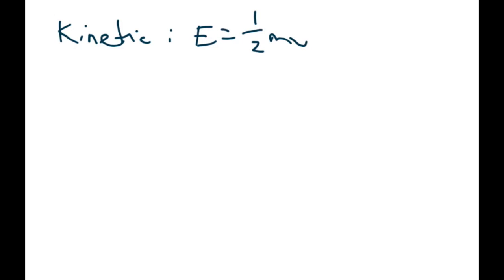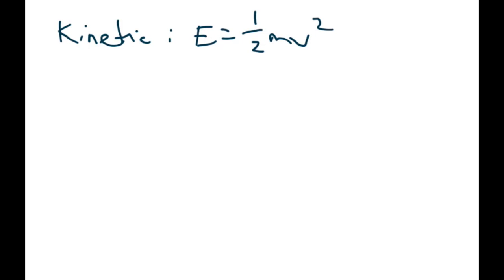So two basic types of energy that we talk about are kinetic energy and potential energy. So the formula to find kinetic energy is going to be E equals 1/2 times mass times velocity squared. So that definition is from physics.